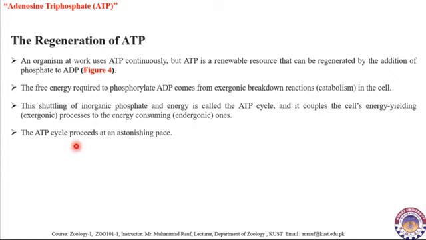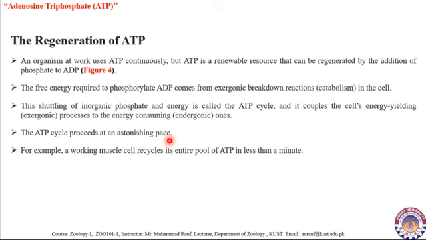The ATP cycle proceeds at an astonishing pace. So this cycle occurs very, very fast. For example, a working muscle recycles its entire pool of ATP in less than a minute.